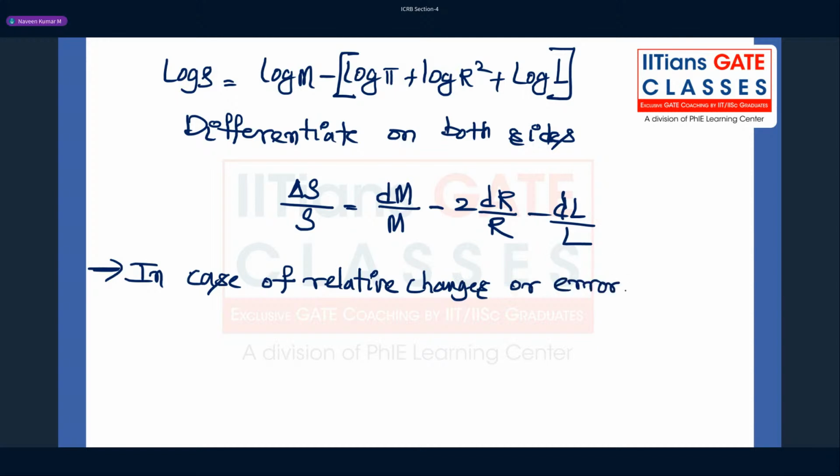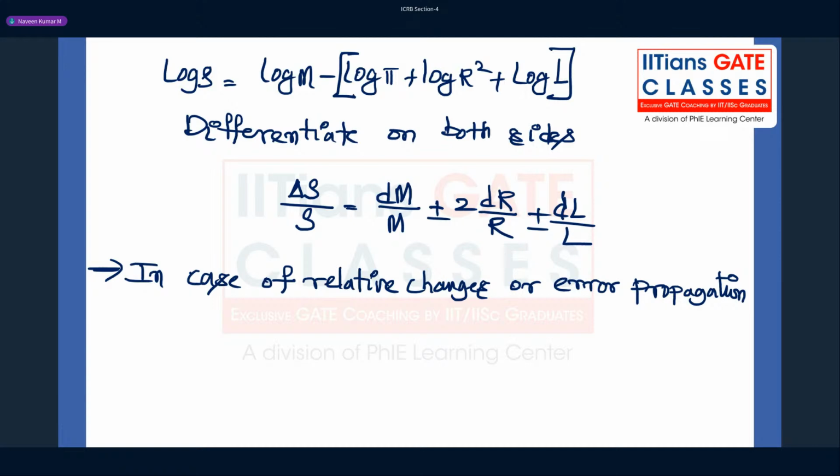Actually we should write it differently. It should be plus or minus, okay, because on both sides we have error propagation. We can have the plus sign when it is having a positive change. We can have the negative sign when you have some negative changes. So if you are on both sides of it, please try to understand what I'm trying to say.